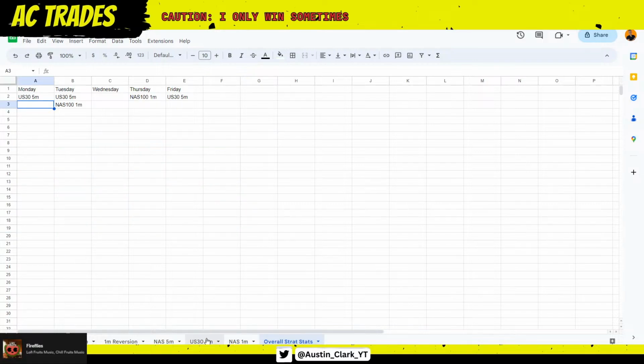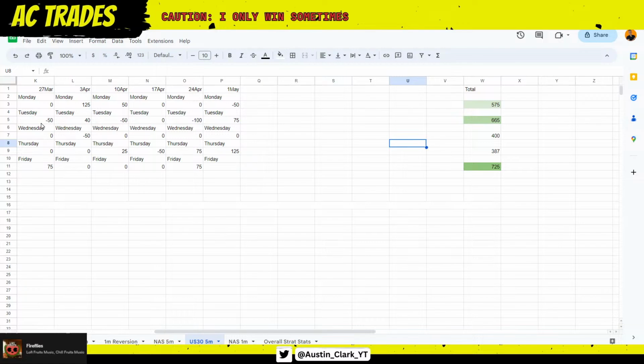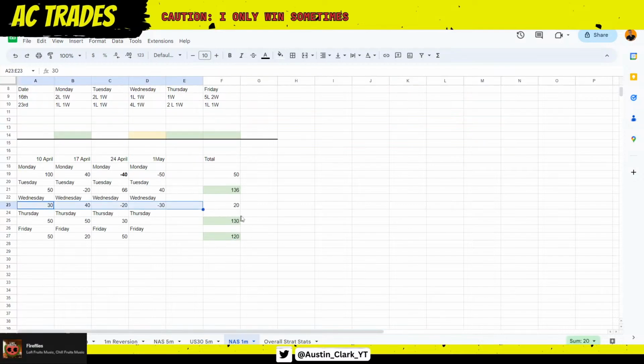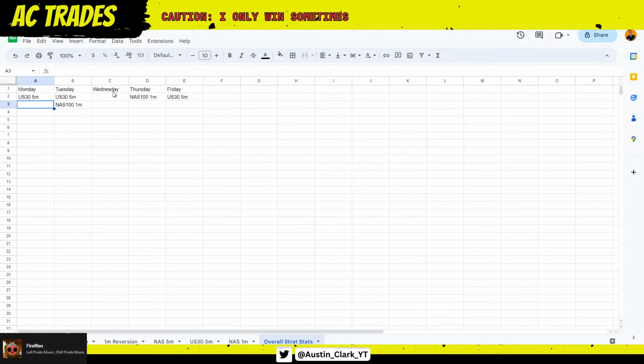So right here, I can even use this data and see that with both of these trading strategies, it's not optimal to trade on Wednesdays using any of these, right? So it's pretty cool to see.